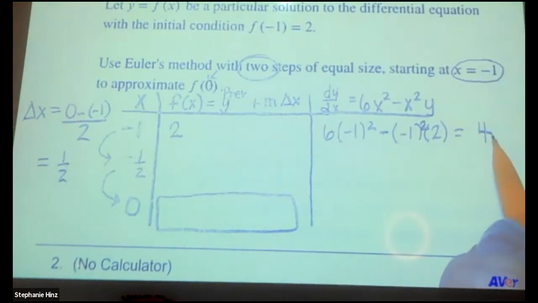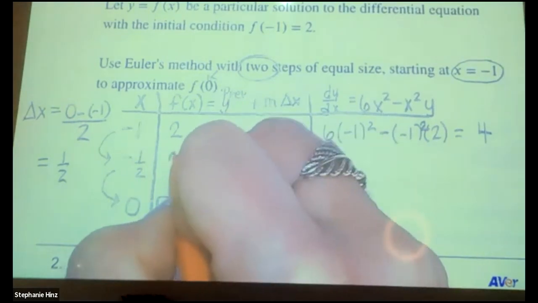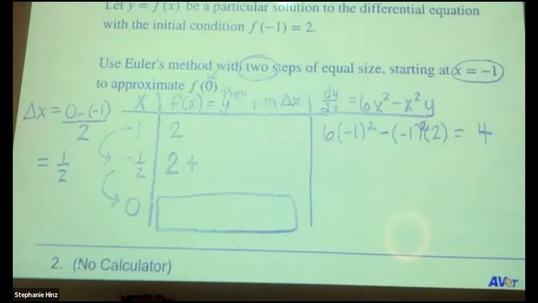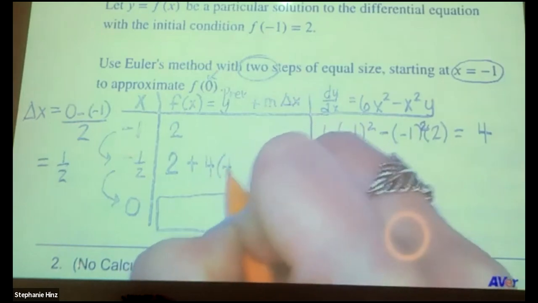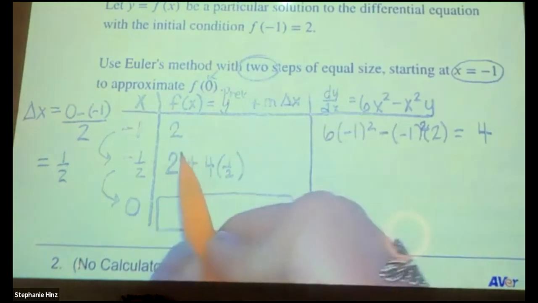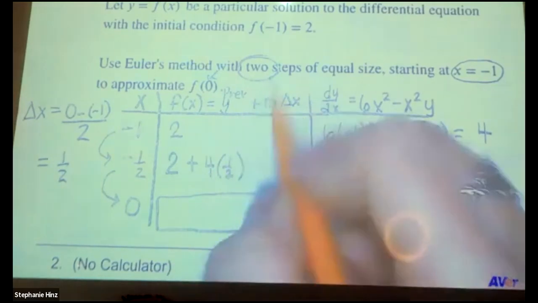So over here, I have the previous y, okay, 2 plus my slope, I just found it, is 4. And my delta x for this problem is always a half. So 2 plus 4 times a half, that's going to end up being 4.